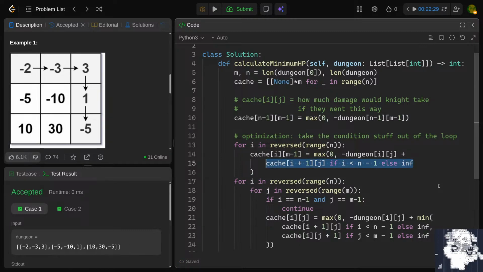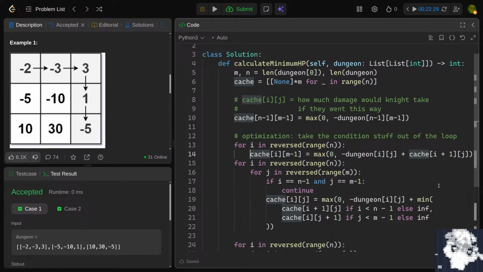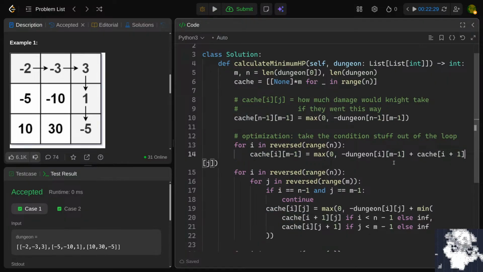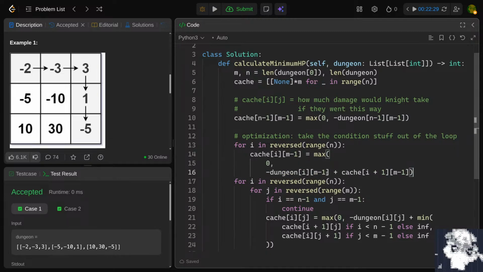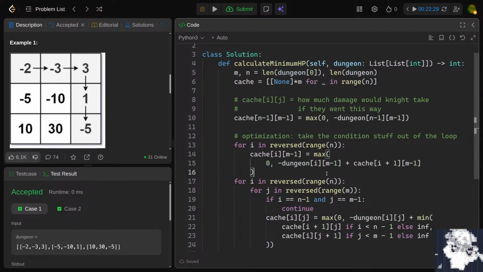And we can remove the if here if we just don't go all the way up to n minus 1.